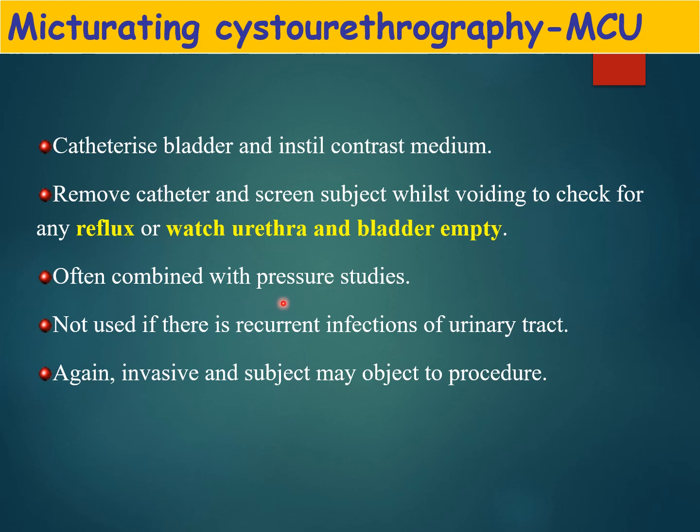Often this is combined with pressure studies of the different parts of the bladder and urinary system. But doing that, we have to keep in mind that the patient should not have significant infection. Otherwise, we shall have ascending infection to the kidney itself, and the professionals doing that procedure have to do it in a perfect way, so as to give a proper result.